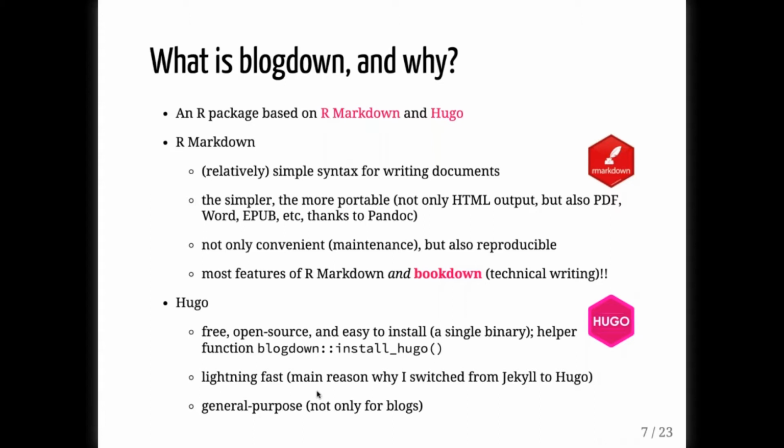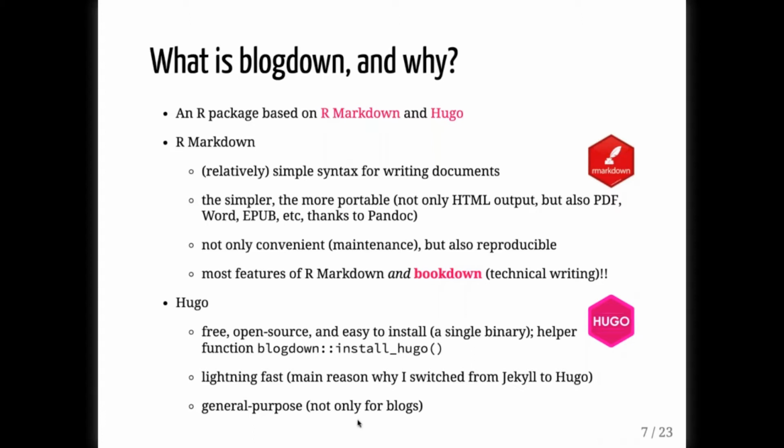It often took me almost 1 minute to preview my website locally. That is just way too slow. And after I switched to Hugo, it typically takes about a second to compile 1,000 pages. So I was very happy with that. So it is very fast to build your website.